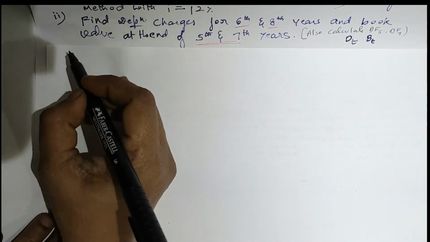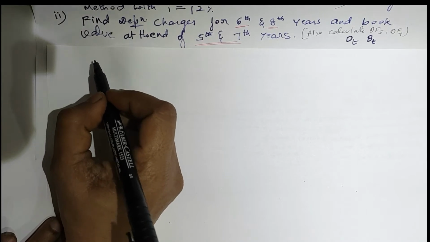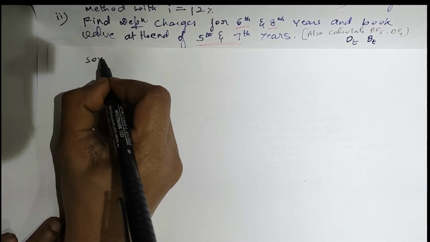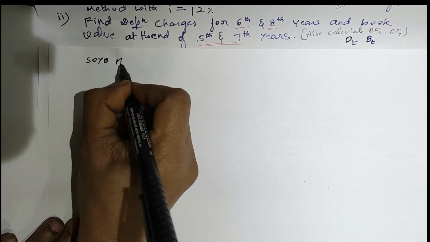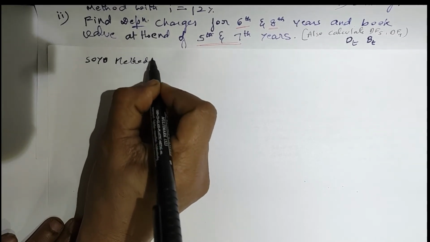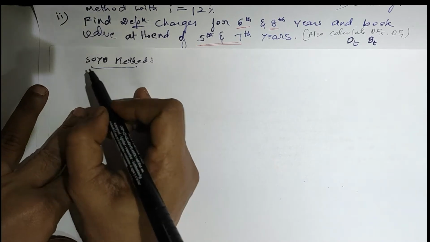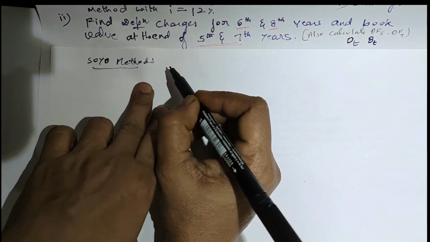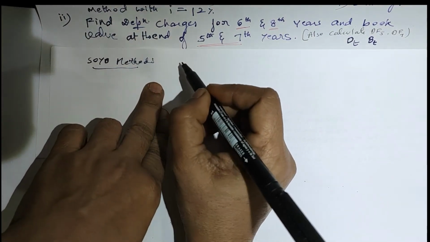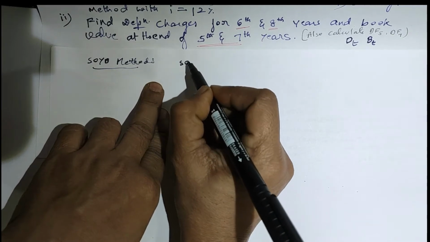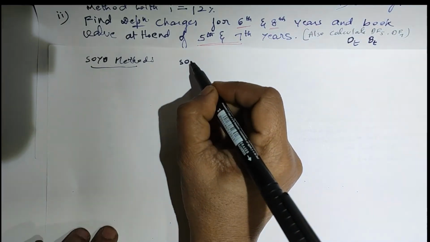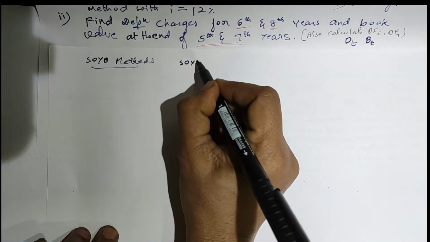Now let us see how to solve using SOYD method first, then we'll move on to sinking fund method. In the SOYD method we first have to find out the sum of years digits.